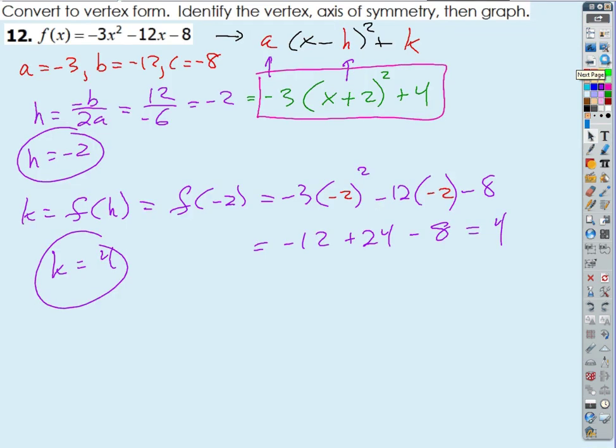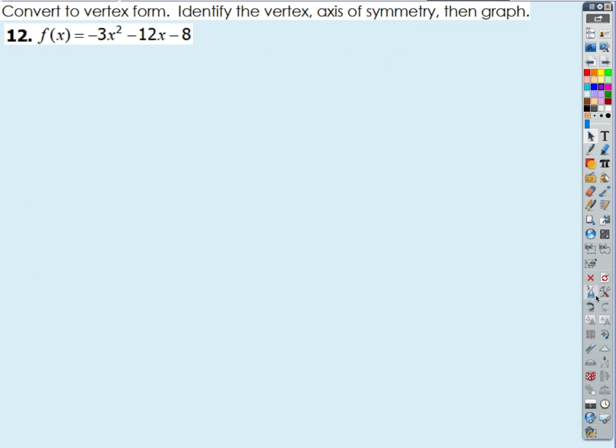The other thing we could do is we could just skip completing the square, and we know that our goal is, this is in standard form, right? And we're trying to convert this into vertex form.